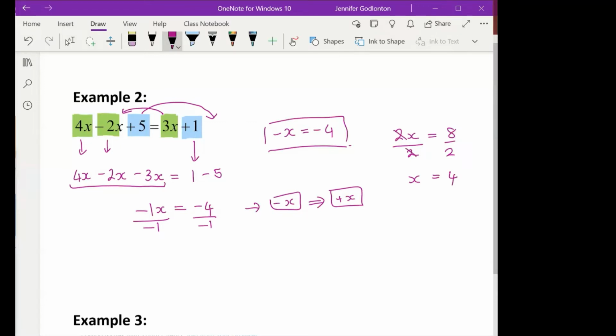So that's exactly the same thing we're doing here. We're dividing by negative 1 so that the coefficient goes away, and then x is equal to negative 4 divided by negative 1, which is positive 4. So that's why I was saying there's a lot that's right with this step, but we need to take it one step further and say that x is equal to positive 4.